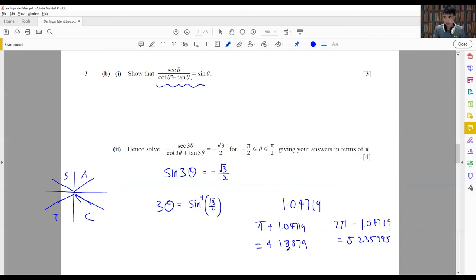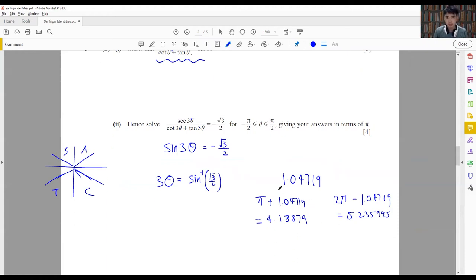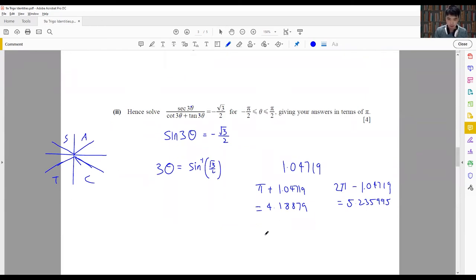After getting these values in the calculator, we need to minus these values with 2 pi, okay? Because y is in the negative quadrant as well, right? Negative range, right? So these values minus 2 pi. First, I'll do it for this because this is the value in my calculator right now. 5.235995 minus 2 pi, I would have gotten negative 1.04719, okay?